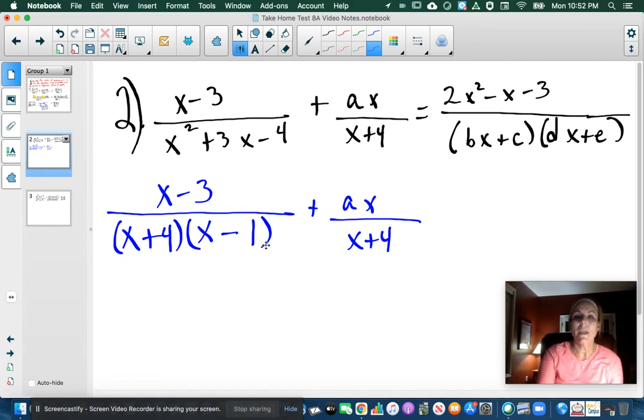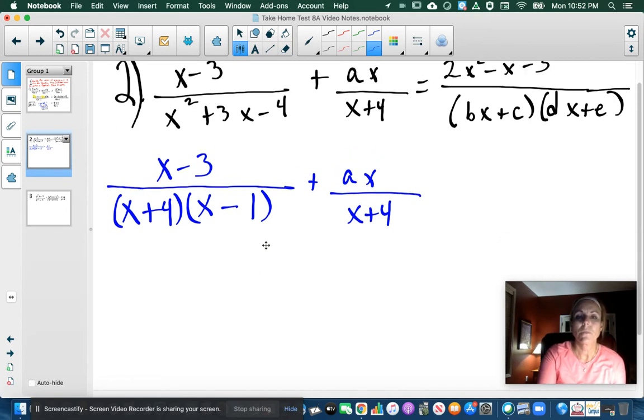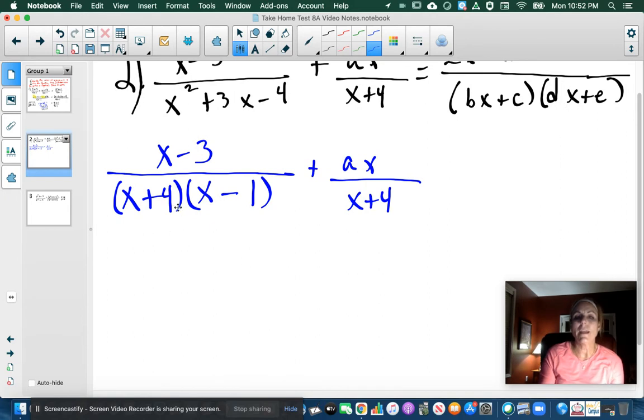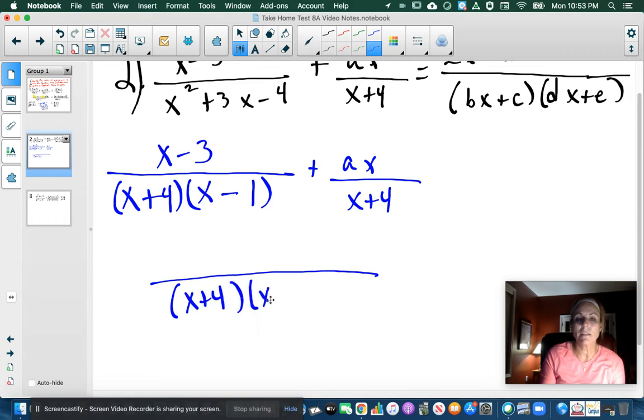All right, well, as I look at that, I can see that my common denominator is going to be (x + 4)(x - 1). And now we go back and we look at the first rational expression, and we say, what do we have to multiply that by?